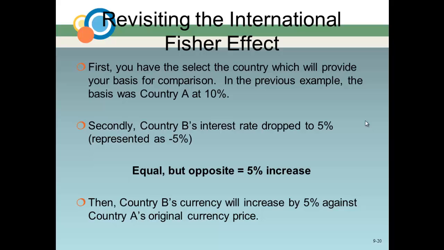Now if we apply the international Fisher effect, country B's currency will move in an equal and opposite direction, meaning the currency will appreciate against country A in the amount of 5%. So remember that the international Fisher effect does not predict spot currency rates. It only explains the movement.